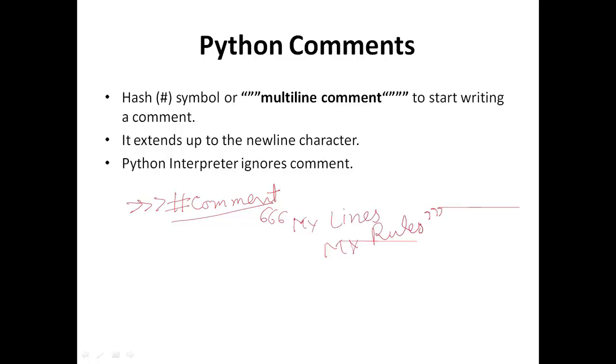The important thing is when this will work as a multi-line string and when this will work as a multi-line comment. If you assign this multi-line string to some variable, this will become a string, and if you do not assign it to any variable, it will become a multi-line comment.